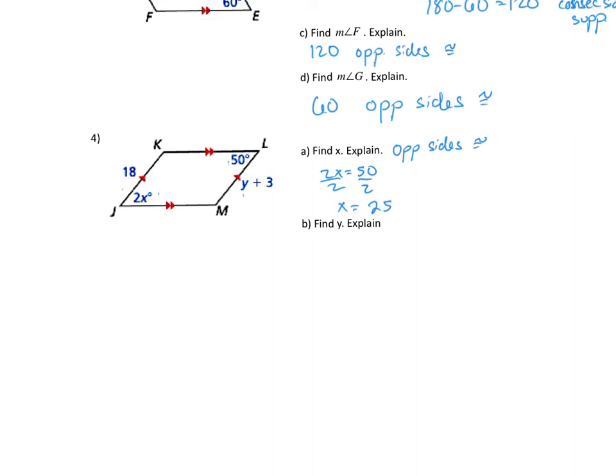These opposite sides are congruent. Either way, all opposites in a parallelogram are congruent. So I'm going to say y plus 3 must equal 18. Subtract 3 from both sides. Y must equal 15. And that is that.